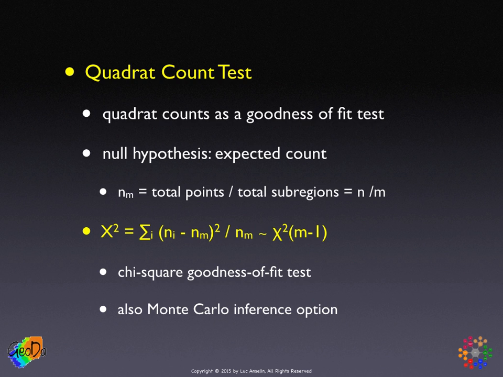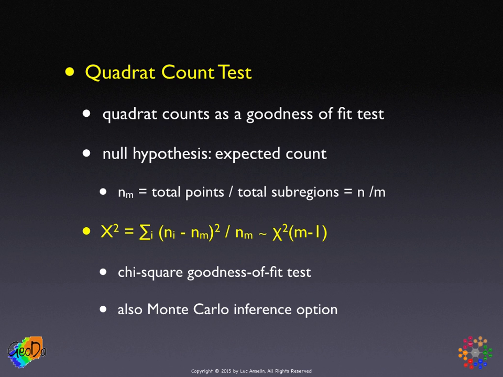So first of all, to do this, we need to have a measure of what the expected counts are. And so what could we expect on average as the count in each of the cells in the grid boxes? And a most straightforward way to do this is to take the total number of points and divide them by the number of grid cells, the number of subregions.